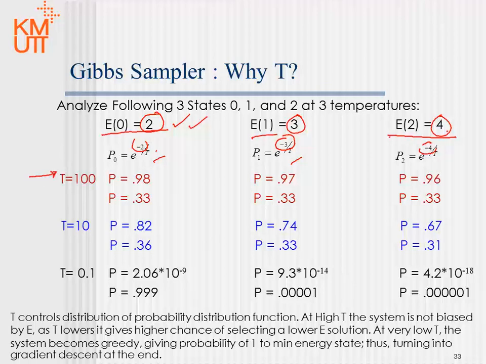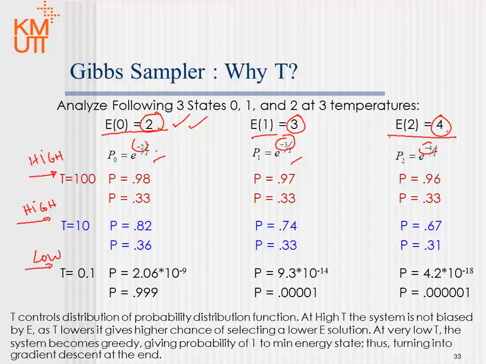At a t that's very high, t equals 100, this is high. It's still considered high but lower than that, and this is like a low t already. So here we have an example of a low t. Here you notice we're starting to get greedy, but let me show you what happens at a high t.